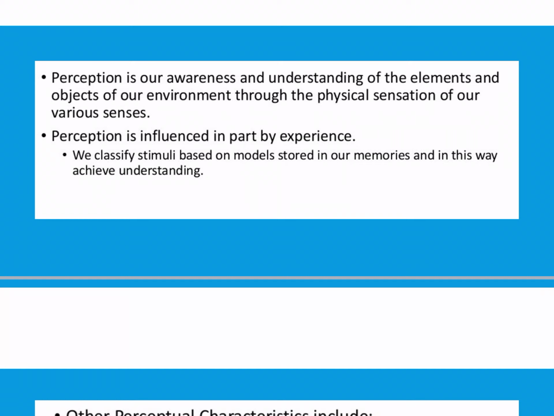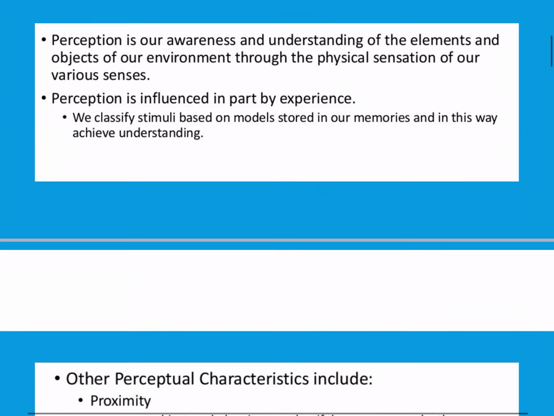Perception is our awareness and understanding of elements and objects of our environment through the physical sensation of our various senses. Perception is influenced in part by experience. We classify stimuli based on models stored in our memories, and in this way we achieve understanding.